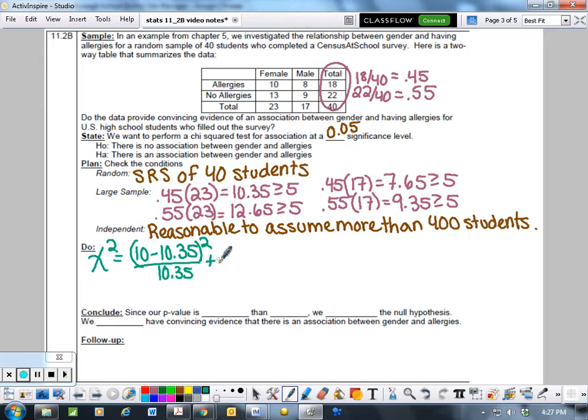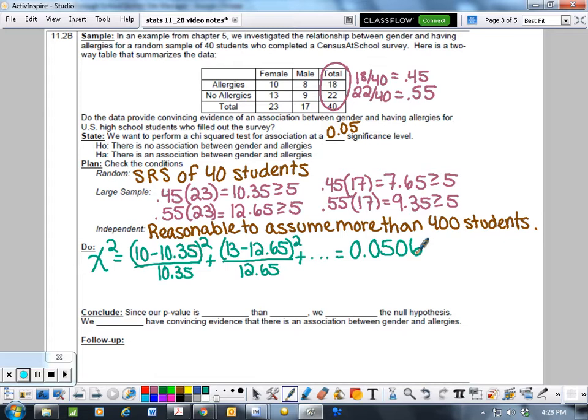Then I'm going to move on to females that don't have allergies, so 13 minus that expected value of 12.65, squared divided by 12.65. And again, we get the idea, so we're just going to put the plus dot dot dot, and we calculate that chi-squared, and we get 0.0506. It looks wrong, but I double checked my work.